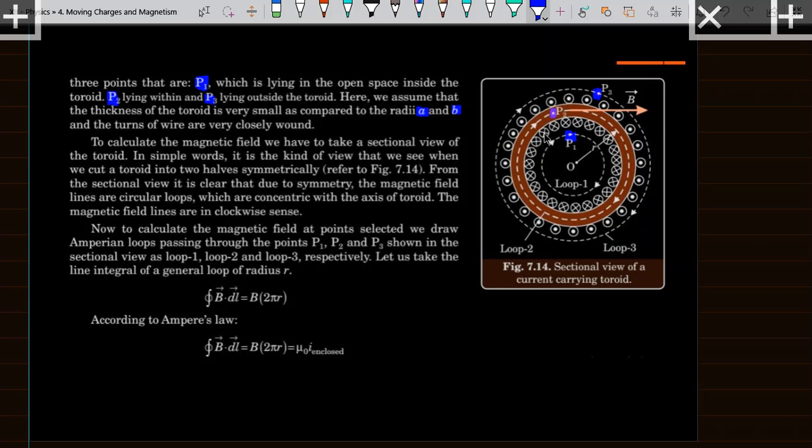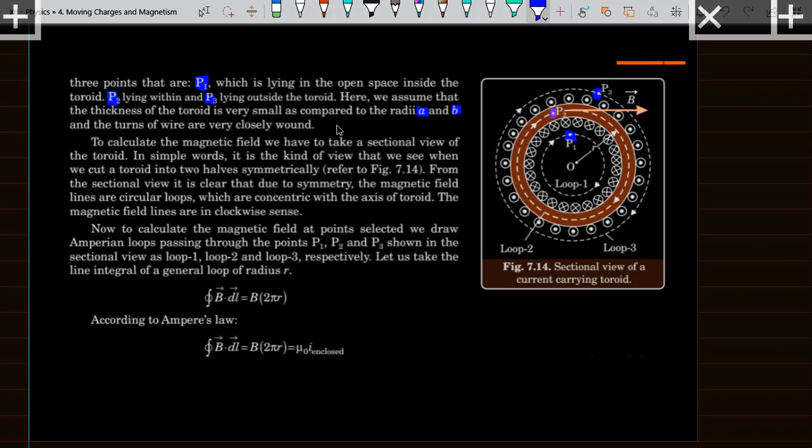And the crosses which you see inside are all the cross sections of wire through which the current is going inward. So the current is going through the inner radius cross section inward into the plane of paper and coming out from the upper part of the toroid, like that.